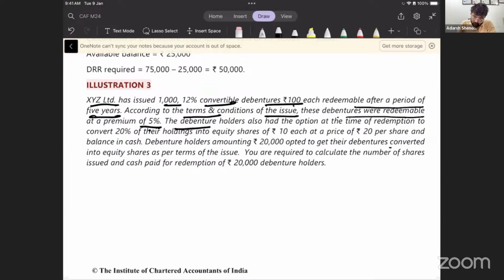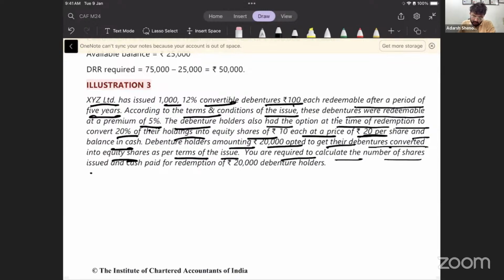The debenture holders also had the option at the time of redemption to convert 20% of their holdings into equity shares of 10 each at a price of 20 per share and the balance in cash. Debenture holders amounting to 20,000 opted to get the debentures converted into equity shares as per the terms of the issue. You are required to calculate the number of shares issued and cash paid for redemption of 20,000 debenture holders.